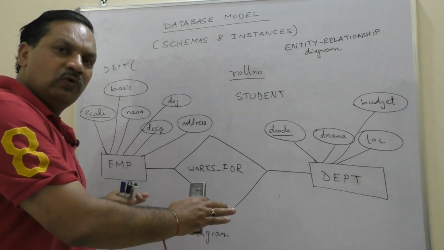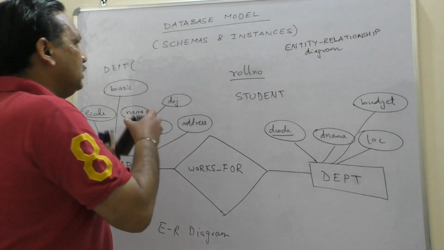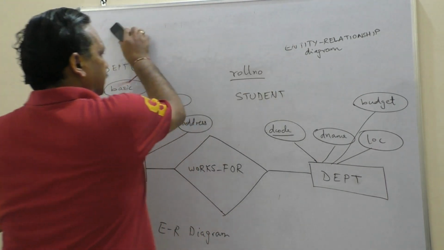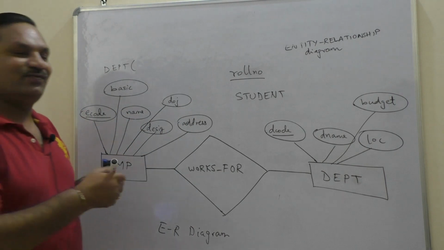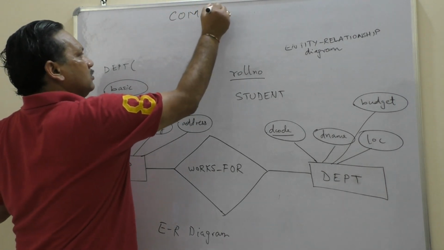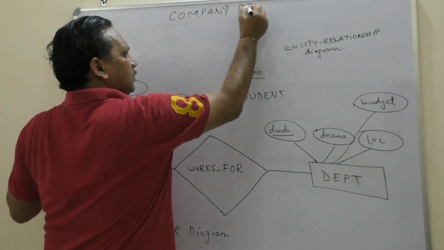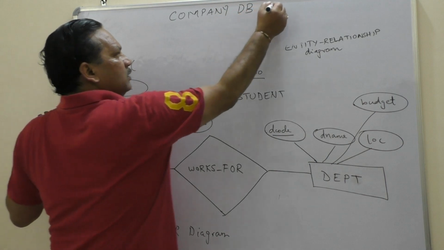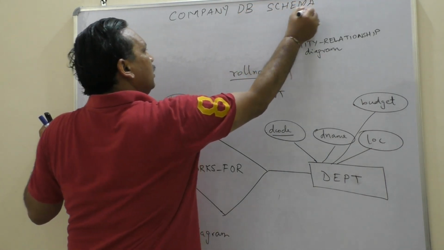Here I have shown only two. Now, what is my schema here? My schema here is the company database. In short, we call it the DB system or schema. So this is my company database schema.